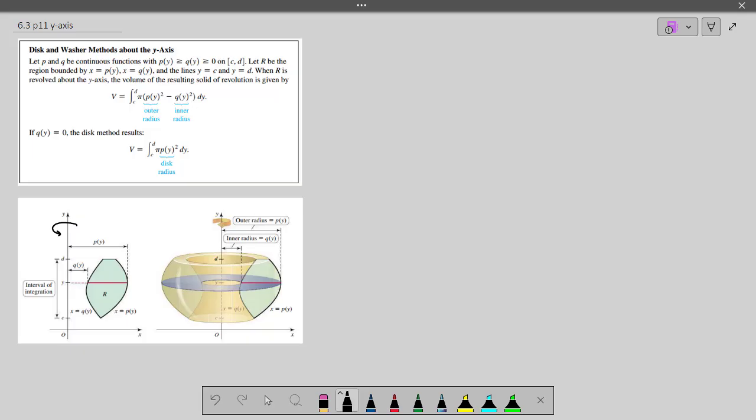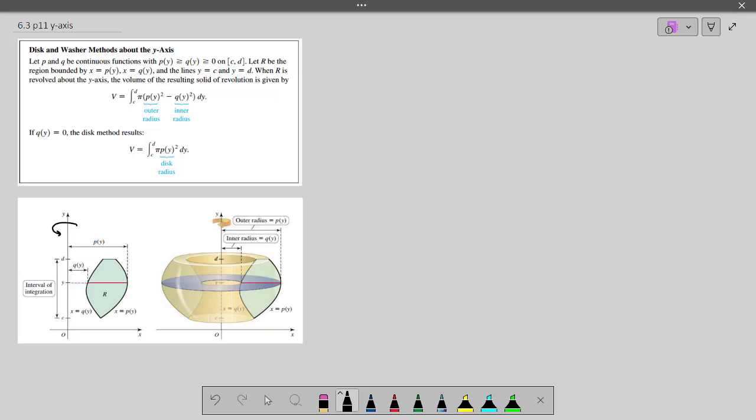And the formula will be the same. Pi times the outer radius squared minus the inner radius squared. If the element is touching the axis of rotation, it will create a disk, which is that one there. So the washer is big disk minus little disk. And if there is no gap, it just creates a disk. And the area is still the same for disk.